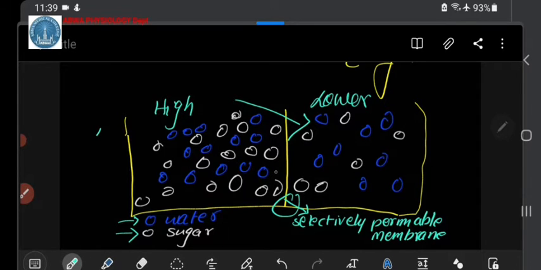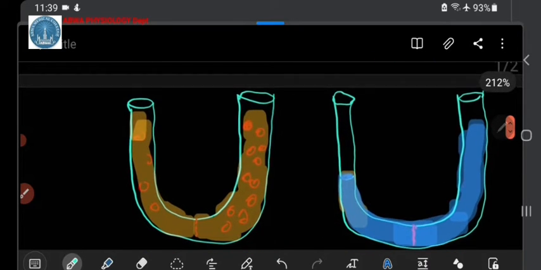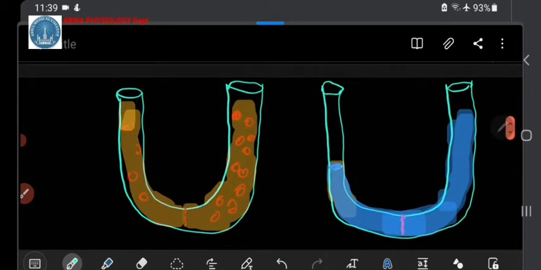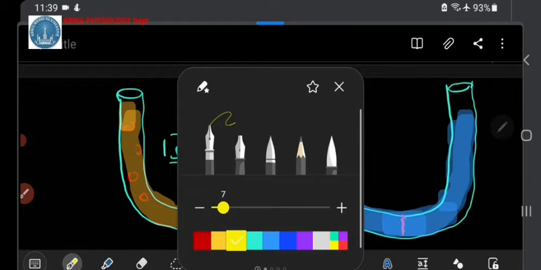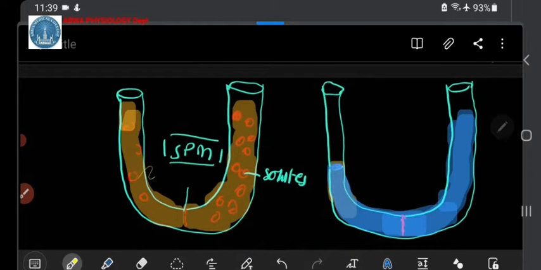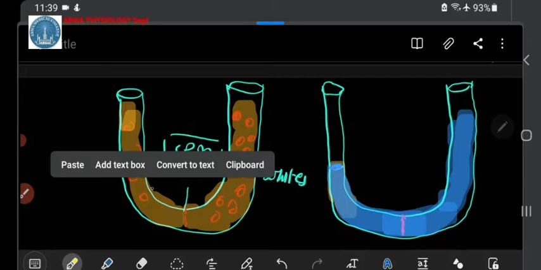If we look at another diagram, which I have also drawn by pausing the video, in the first diagram there is a semi-permeable membrane, which I will denote with SPM, and these are the solutes. The water will move from this higher concentration towards the lower concentration.